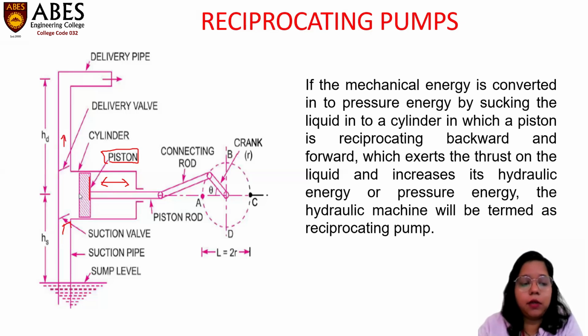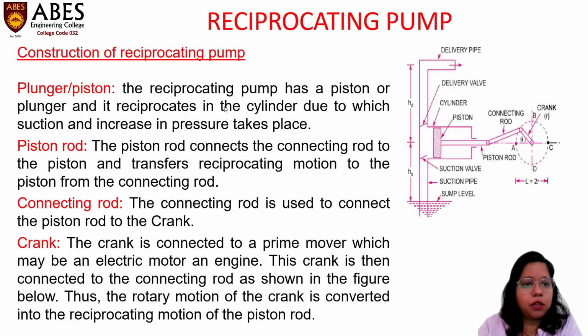So the reciprocating motion of this piston exerts a thrust force on this fluid, which is sucked from the sump level, and this increases the hydraulic energy or the pressure energy in the liquid, and this type of machines are called reciprocating pumps. So first we will be discussing the construction of this reciprocating pump.